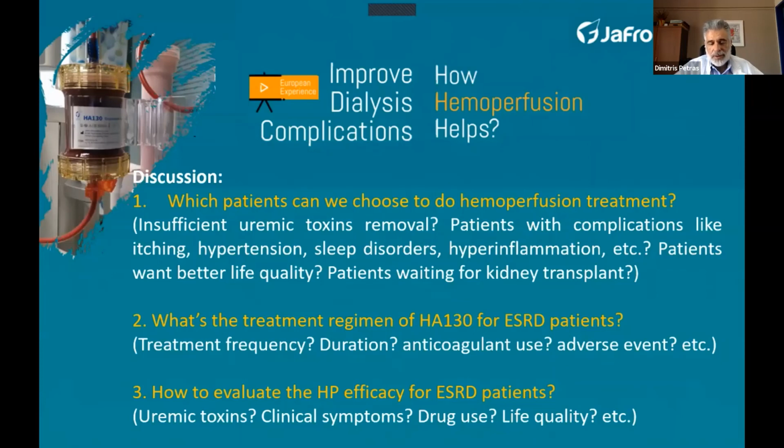These are the measures until now. We are planning to have some more measurements about uremic toxins, not only small ones like urea. So we are speaking with the laboratory to have some middle molecular weight molecules to evaluate.